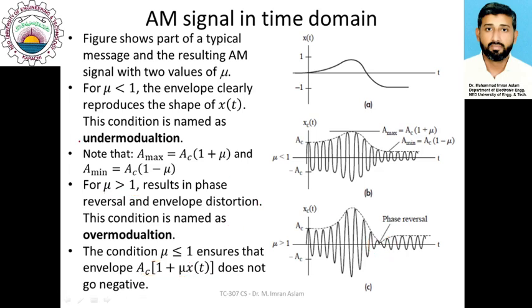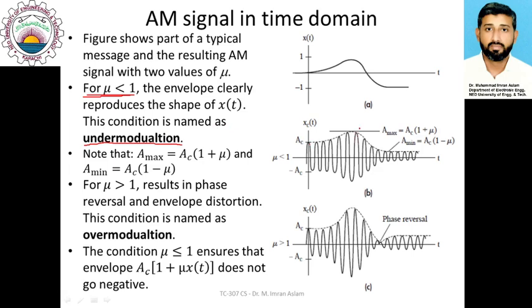So most commonly applied AM modulation schemes typically use mu less than 1, which is the case of under modulation.